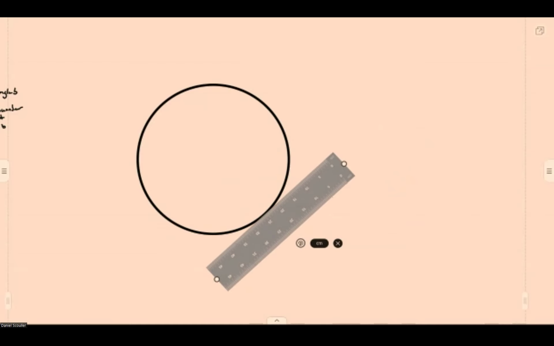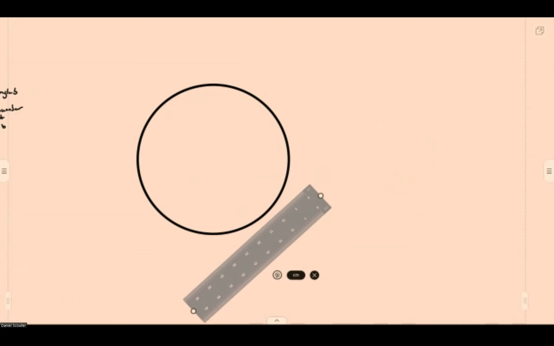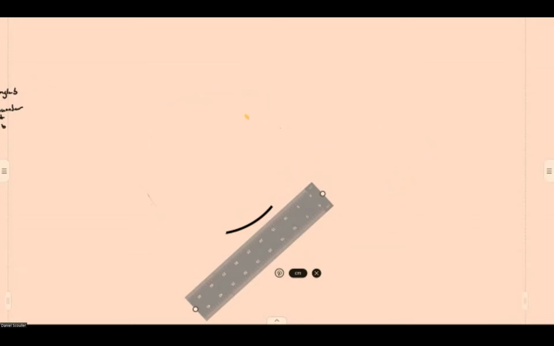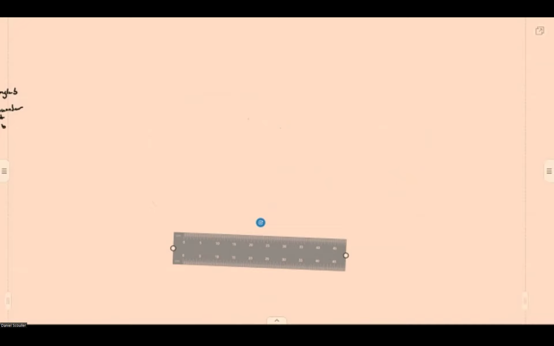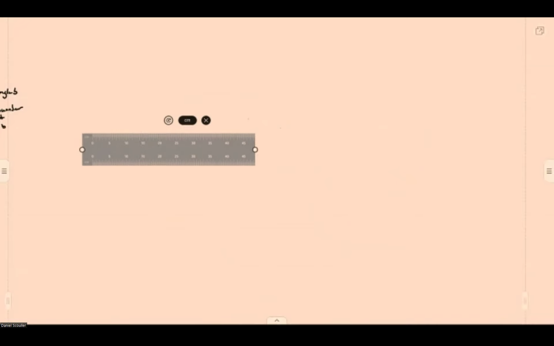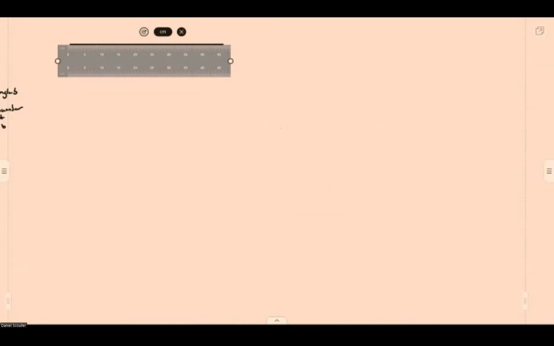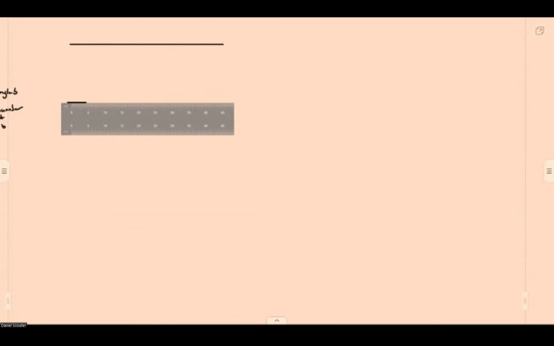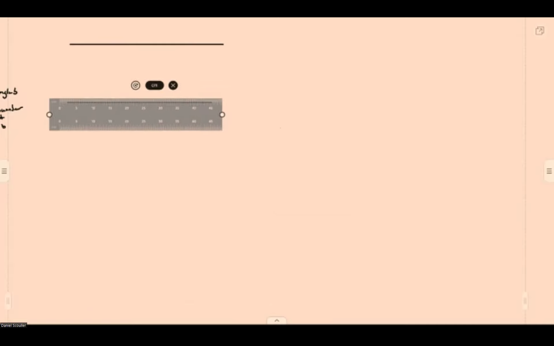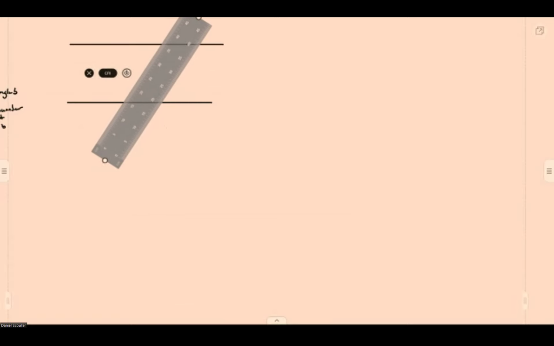Let's look at that other rule I was going to look at. If we have 2 parallel lines, so 2 horizontal lines are 2 lines that go in the same direction. Okay, and we've got a line that intersects them both.